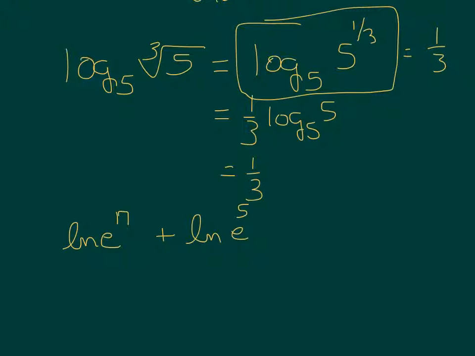Okay, I think you're on the right track, but not quite saying it exactly. I think Molly's right because for the product property, log of A to the UV is the same thing as log AU plus log AV. So we could do ln of e to the 17th times e to the 5th, which we know is the natural log of e to the, what do we do with our exponents?